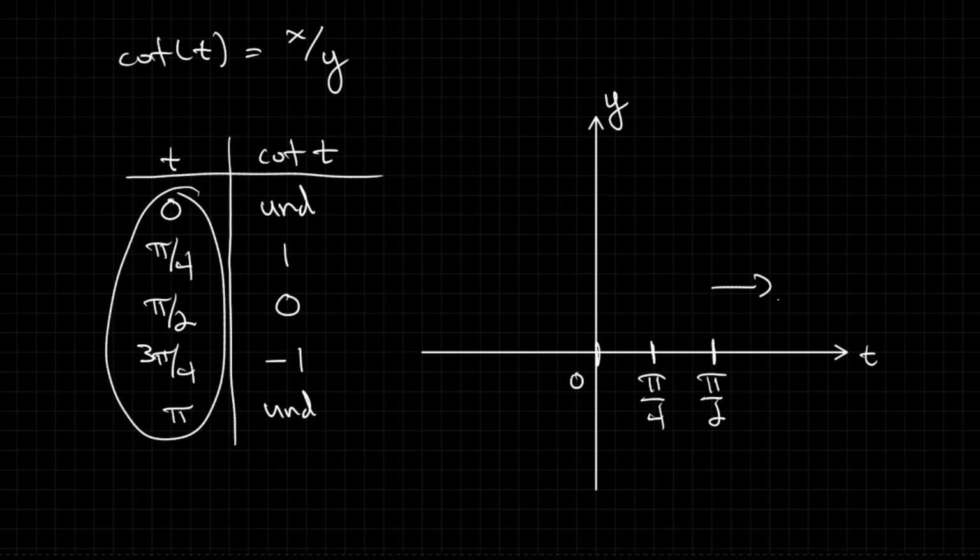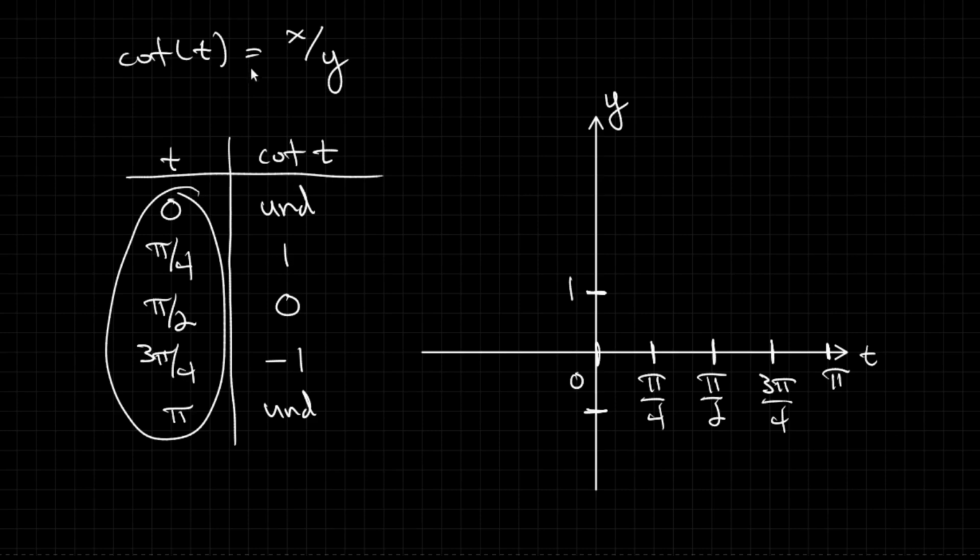So I need pi over 4, pi over 2, 3 pi over 4, which is right here, and finally pi, which is here. I'll need a y scaling, so I need +1, 0, and -1. So let's make this positive 1. That would make this -1.